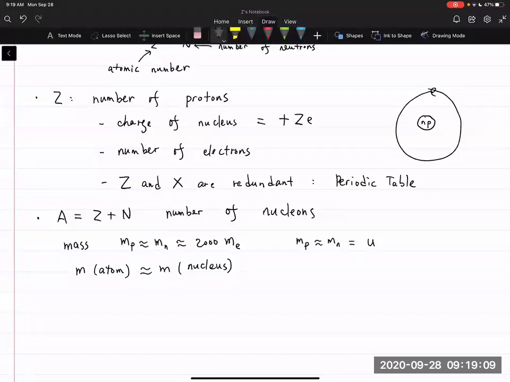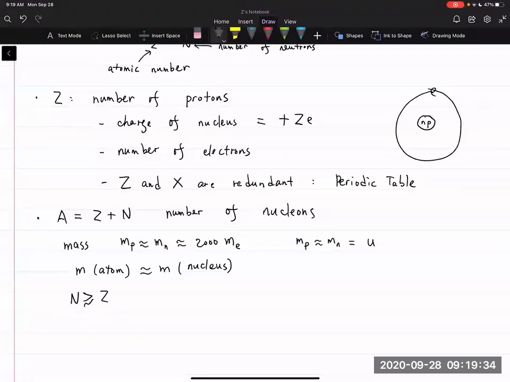Inside the nucleus, oftentimes we have slightly more neutrons than protons. So this N is slightly more than Z, approximately the same. And for many nuclei, they are indeed the same.